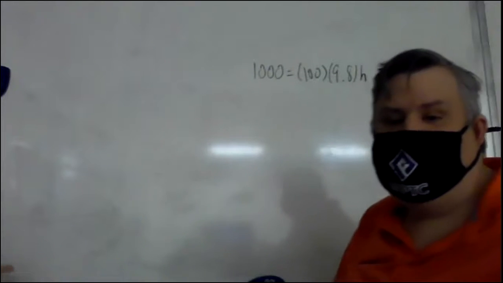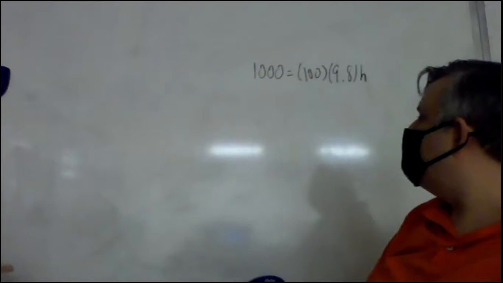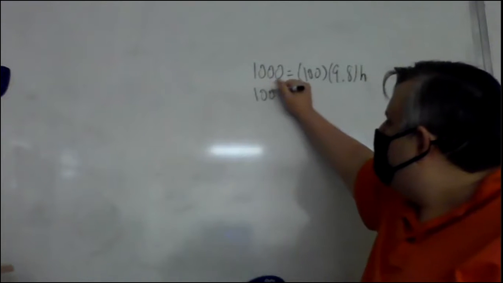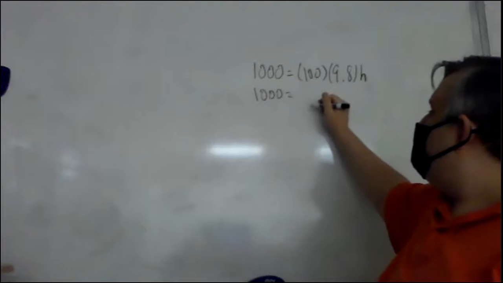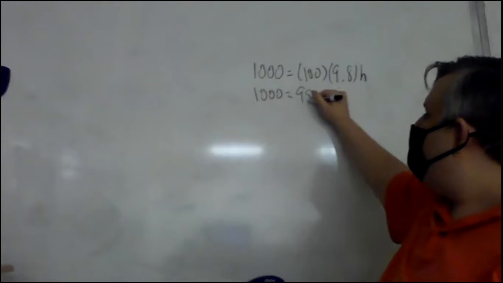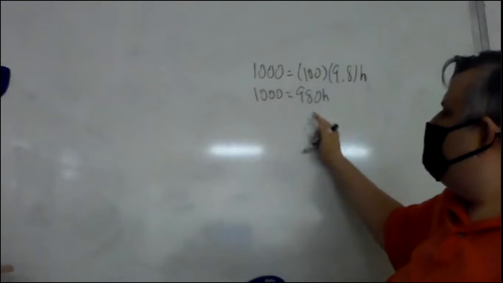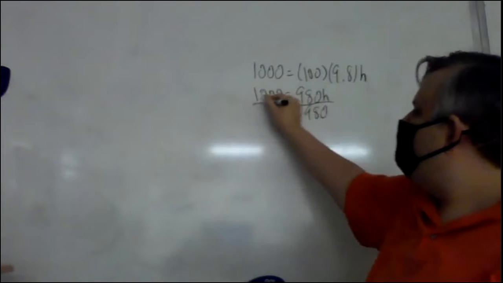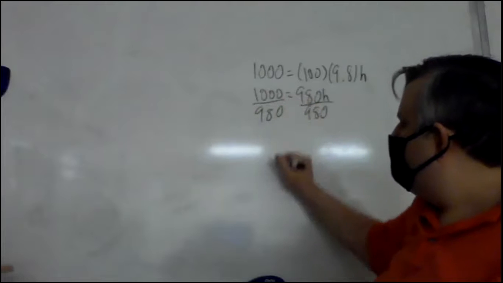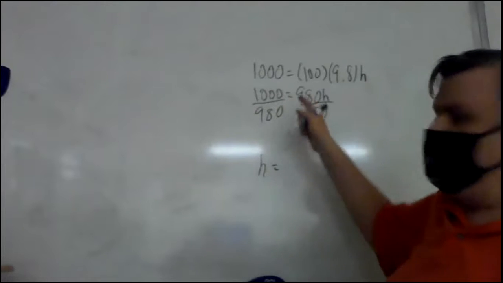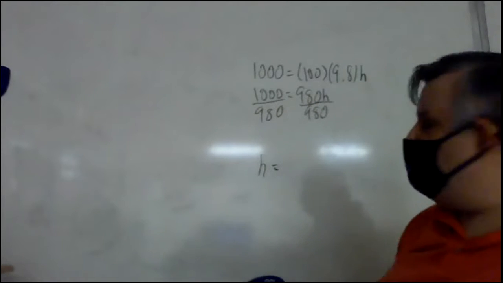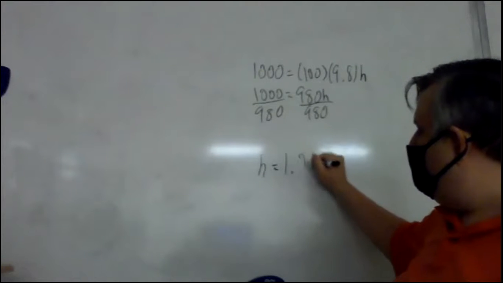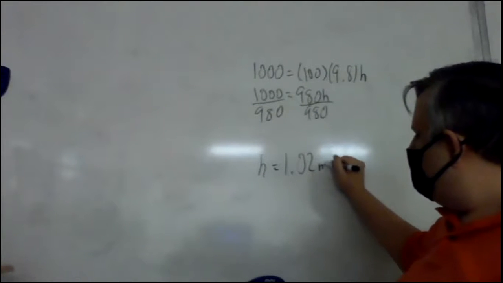And the thing we're trying to find is the height, h. 9.8 times 100 is 980. I need to get h by itself, so I'm going to divide both sides by 980. And h is going to equal 1,000 divided by 980, which comes out to be 1.02 meters.